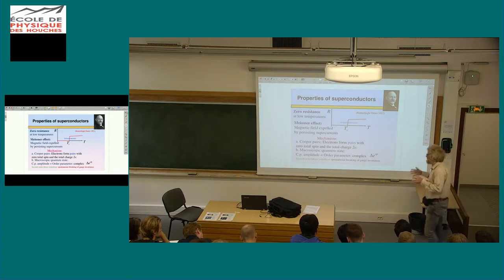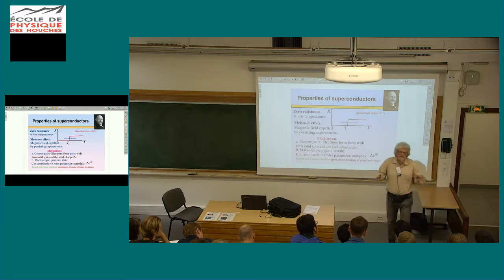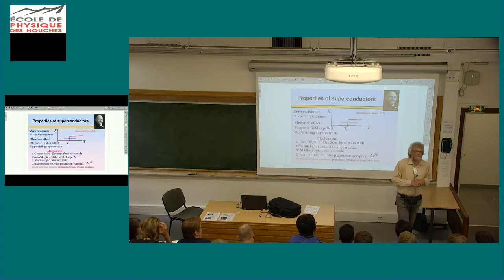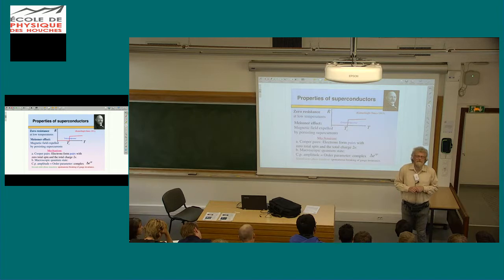Like electrons would like to form pairs, and these pairs kind of condense into a Bose condensate, which has these coherent properties. In fact, everything is true except Cooper pairs. They don't exist except in the condensate. Fine. Okay, let's take this for granted.